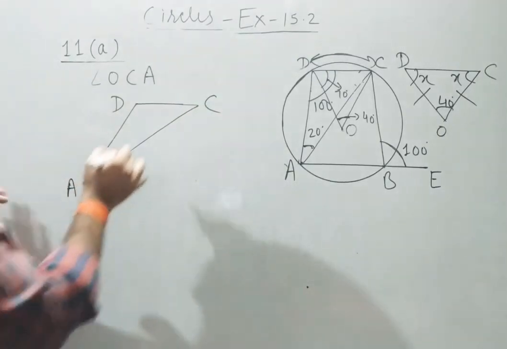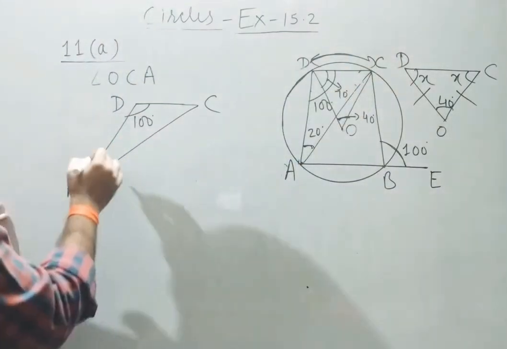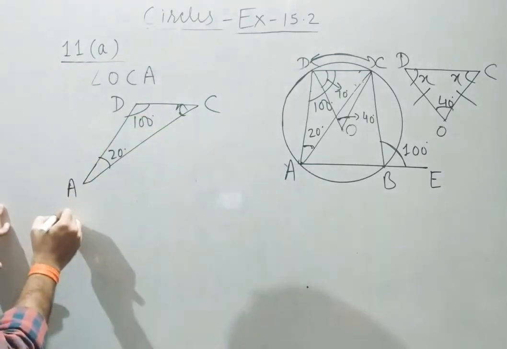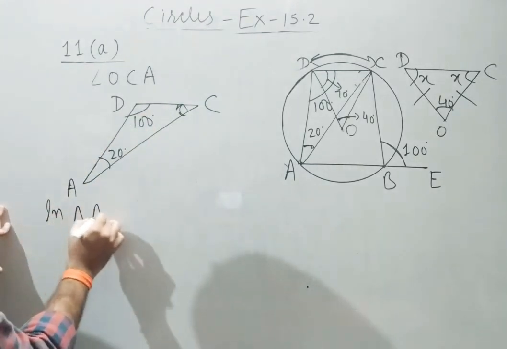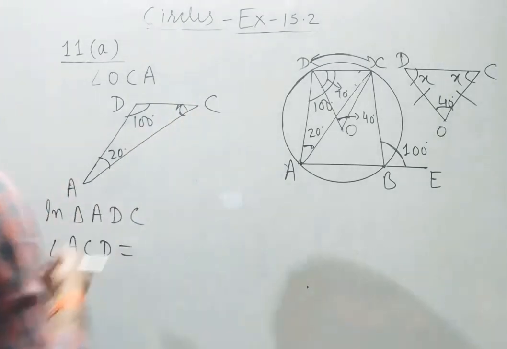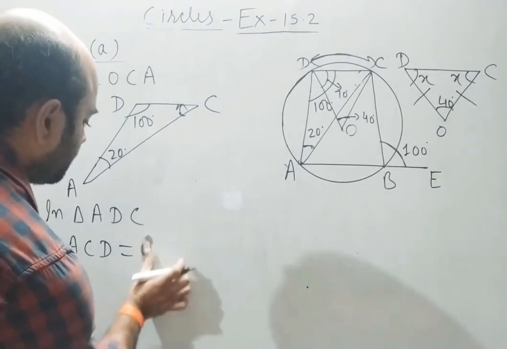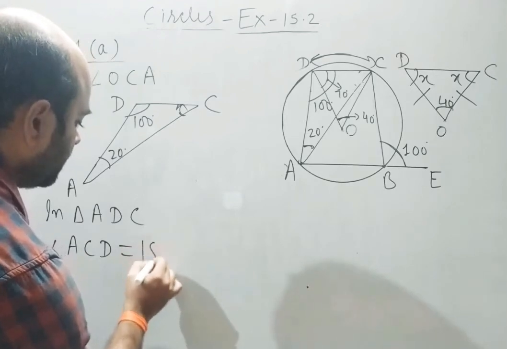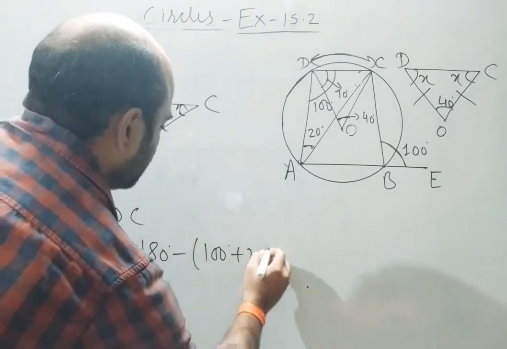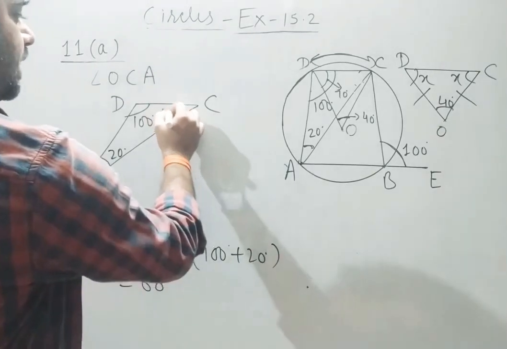In this triangle, already this complete angle ADC is 100. This we have calculated, 20. Then we can find this angle. In triangle ADC, angle ACD will be 180 degrees minus (100 plus 20), that is 60 degrees. It means this complete angle is 60 degrees.